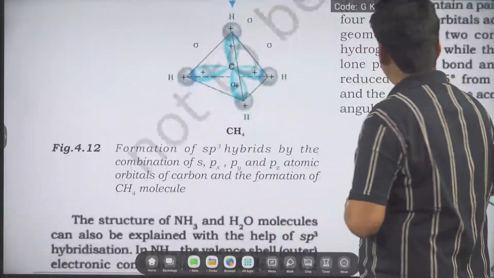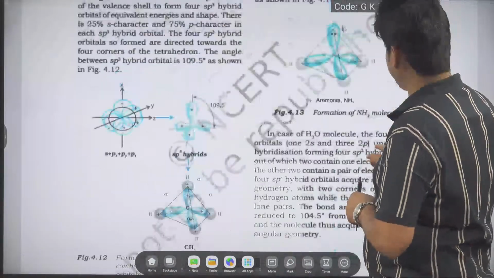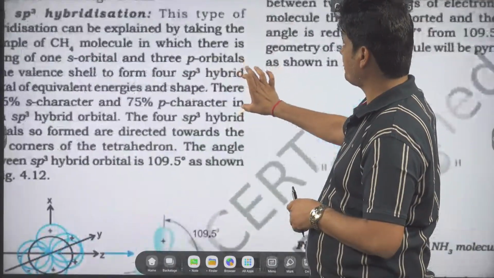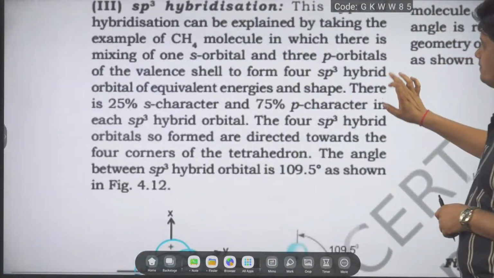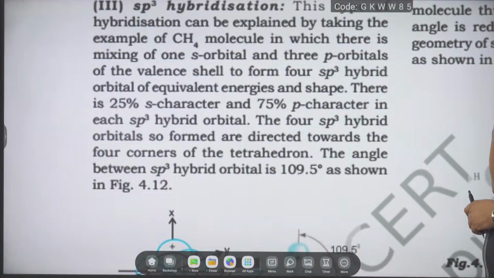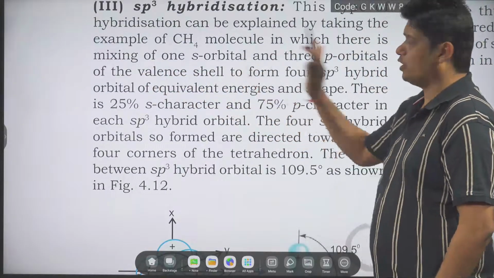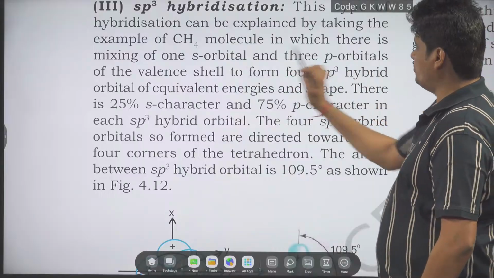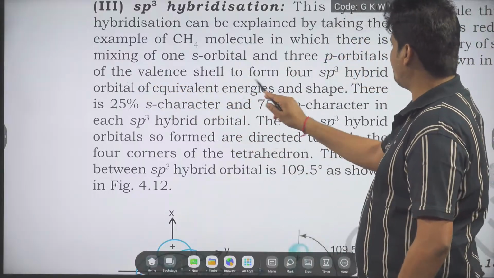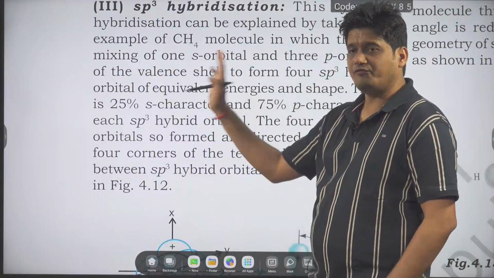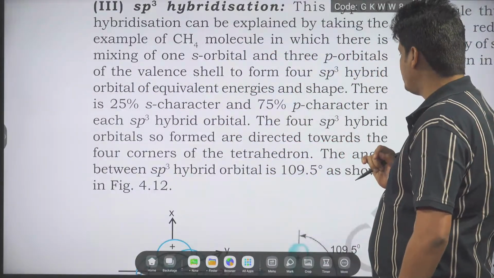Now I want to explain this. I want to read this statement. Mixing of one s orbital and 3 p orbitals of valence shell to form 4 sp3 hybrid orbitals of equal energies and shape.